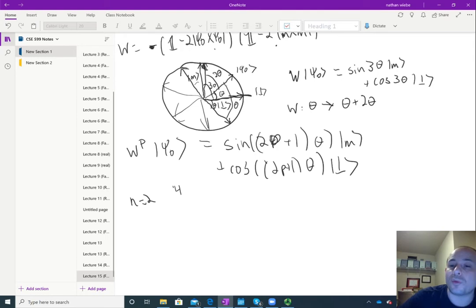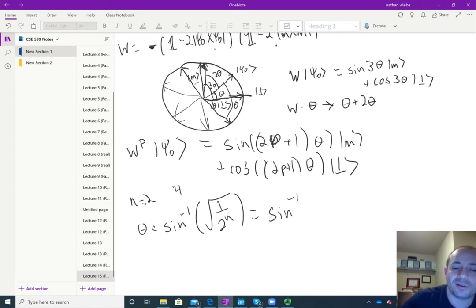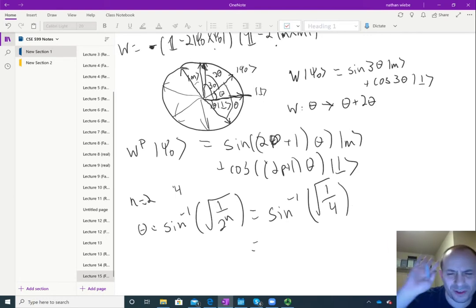So, therefore, theta, which is equal to the arc sine of the square root of 1 over 2 to the n, is equal to the arc sine of square root 1 over 4. Which is equal, once you go through all the special formulas, to pi by 6.